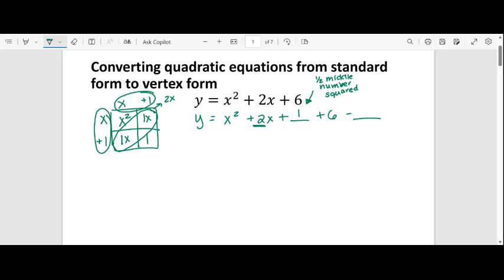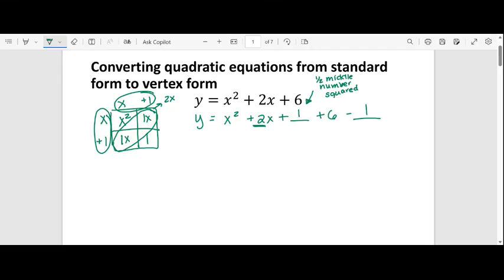So I'm going to add 1 into this equation. If I add 1 into this equation, to keep it balanced, I have to take 1 away from the equation. So I'm also going to subtract 1 from this equation. Again, I haven't done anything to this equation. It stays all balanced because I took something and put something in at the same time.